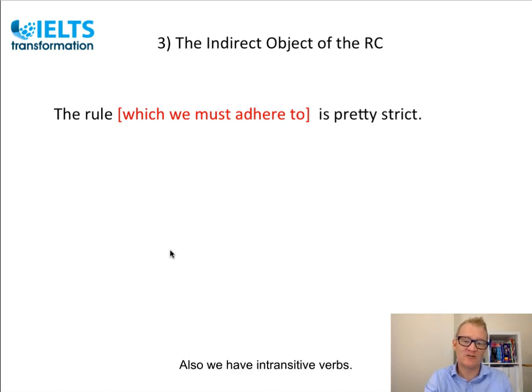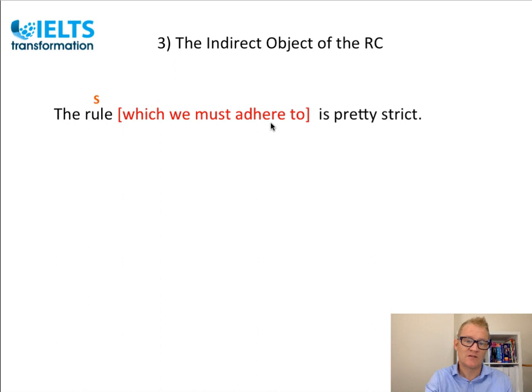Also, we have intransitive verbs. We adhere to something. We don't say we adhere the rules. We adhere to the rules. So an intransitive verb has either no object, for example, she adhered, or if we want to add an object, then she adhered to the rules.